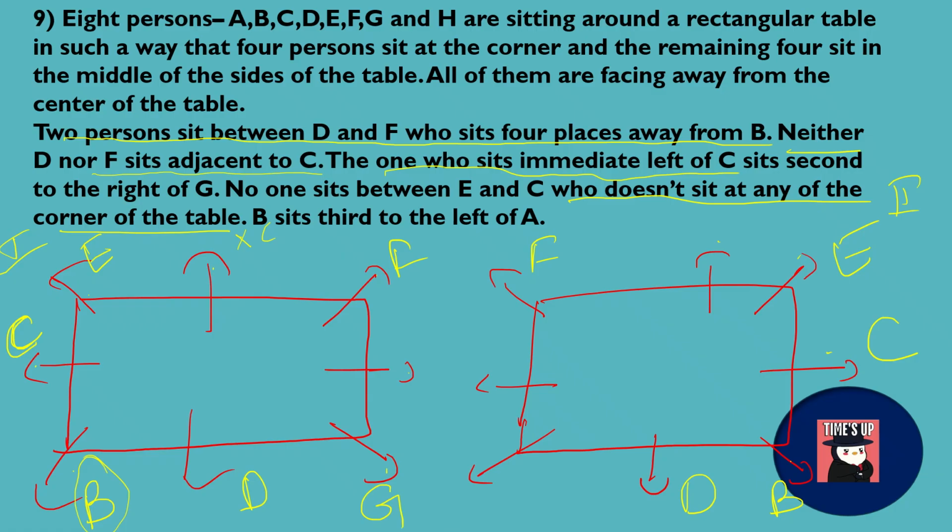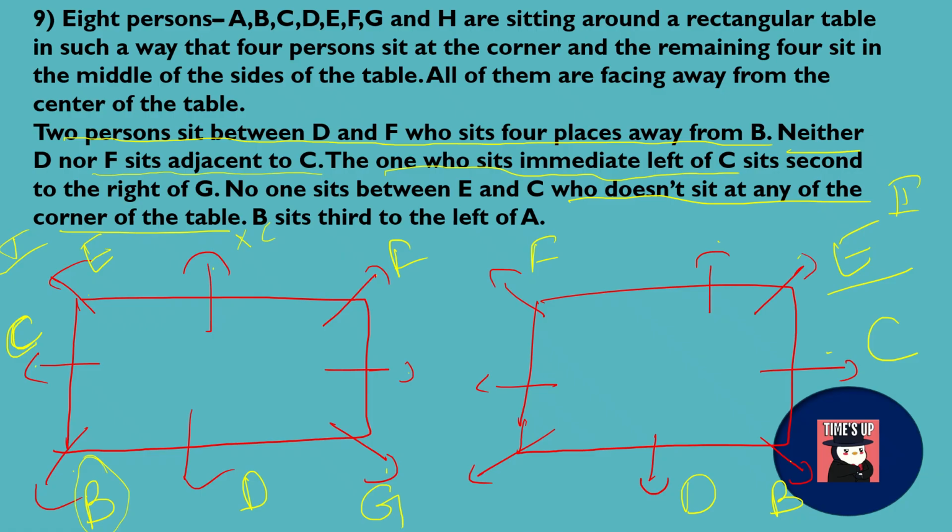In the second possibility, what are they saying? The one who sits immediate left of C. So in this case, the immediate left of C is E, correct?